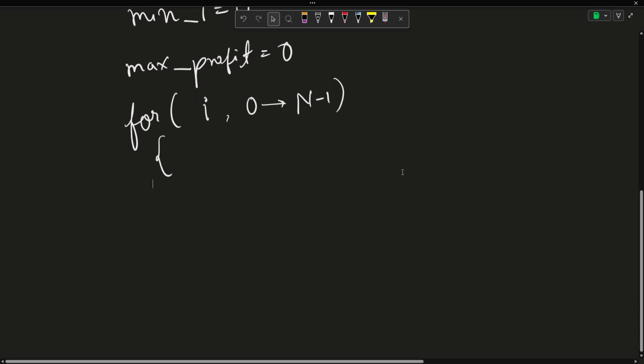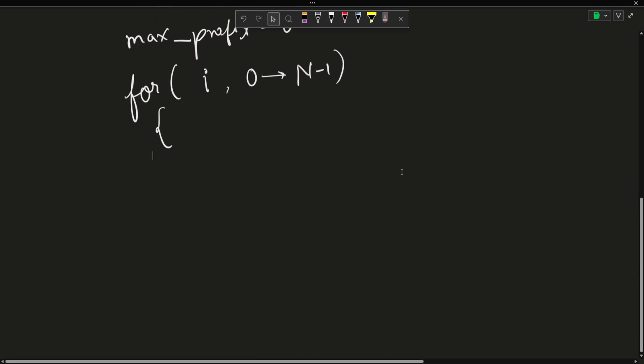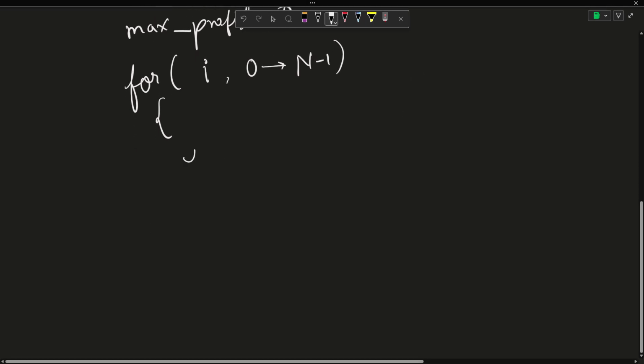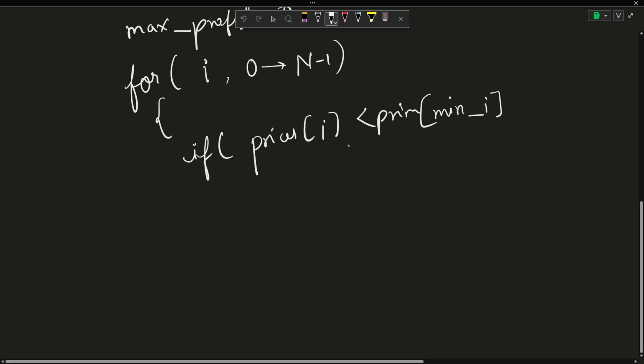Okay, at each point of time, or at each day, what we need to do is: if the price at I is less than the price of the min I, that means we have found a new minimum value, right? So we will just update the index that okay, this is the minimum.